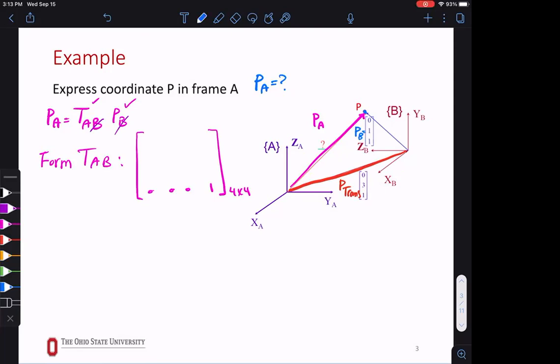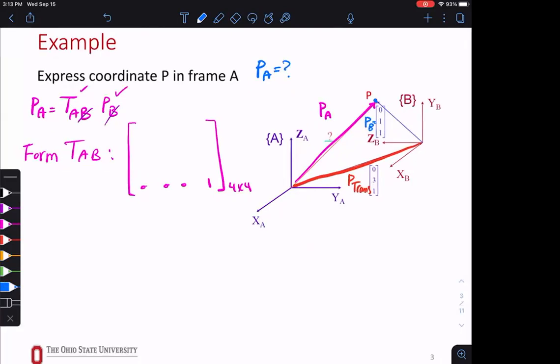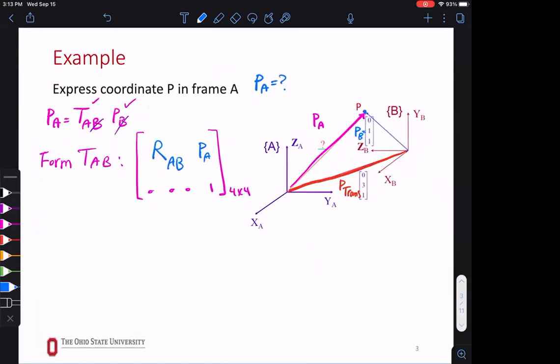All right, I can use a different color to show the rotation. So you're going to have a rotation matrix here and a position here, right? What is this rotation matrix? RAB. And then this is the position of frame B from frame A, which we already have. We call it P trans. So I'm going to create those.